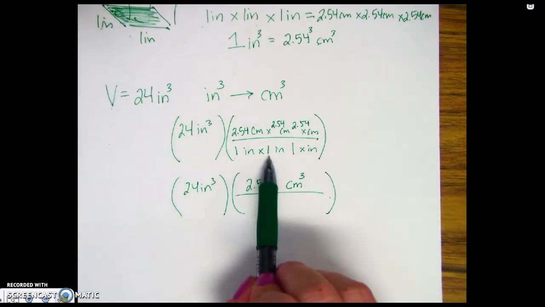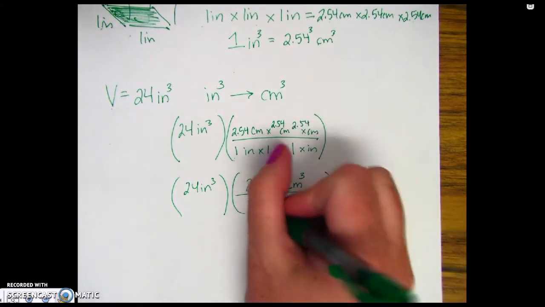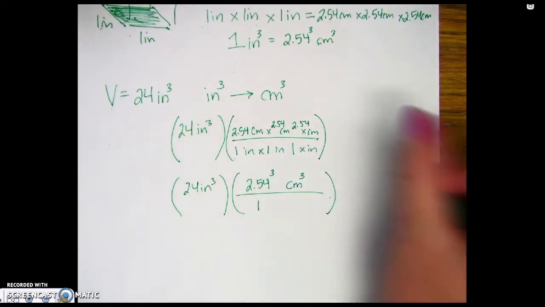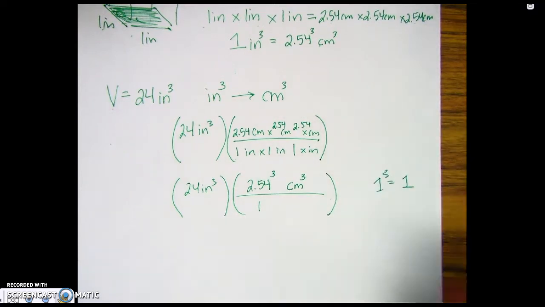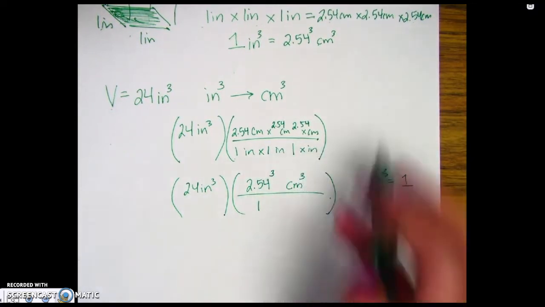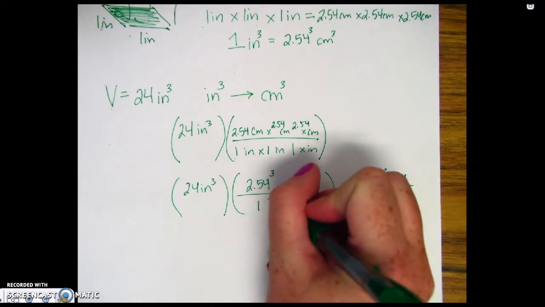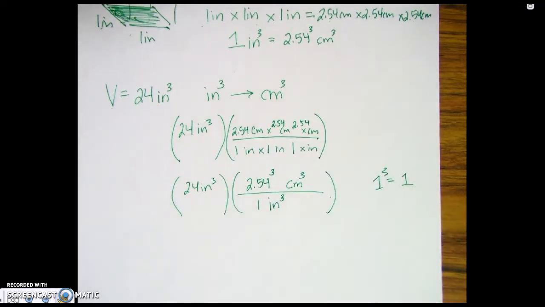Now again, 1 times 1 times 1 is 1 cubed, and 1 cubed is 1. But inch times inch times inch is inches cubed, or cubic inches.